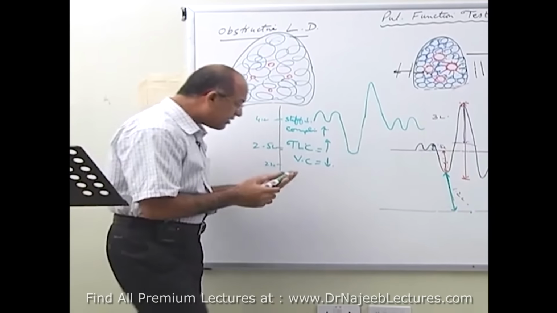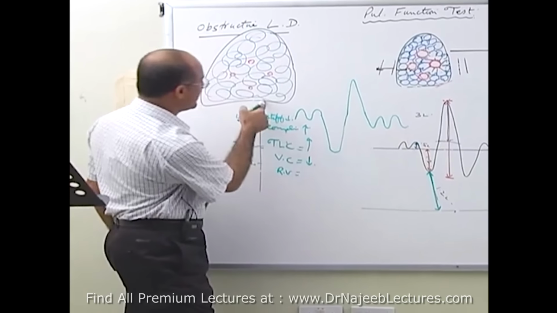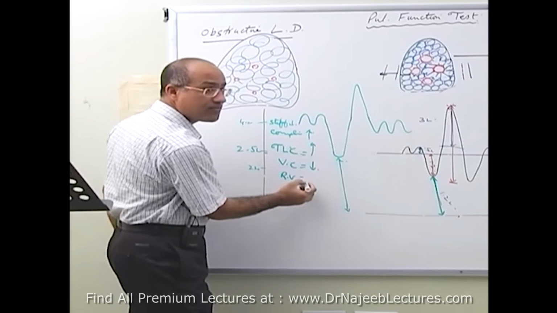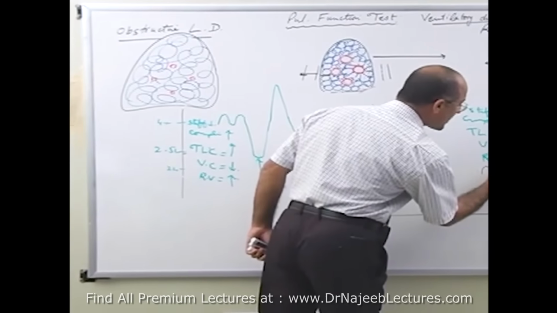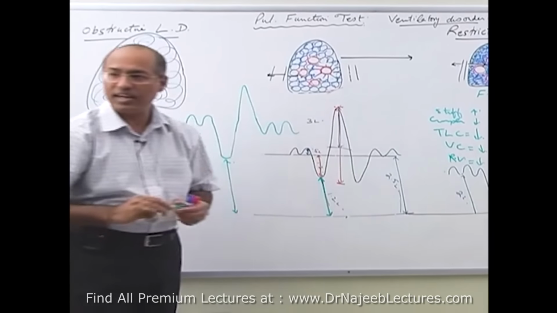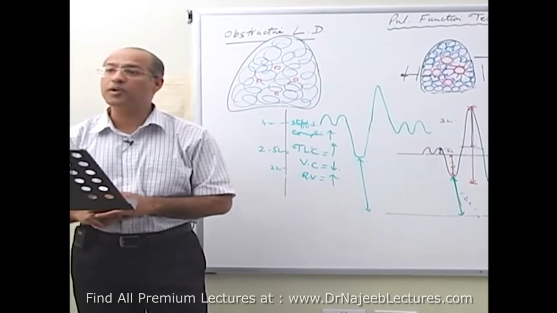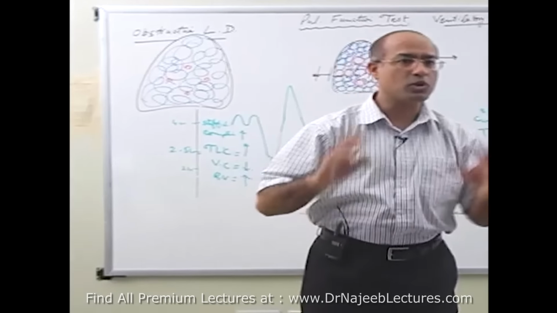Okay, now we come to the residual volume. In this case, is residual volume more than normal or less than normal? More than normal. Here residual volume will be less than normal, right? Is there any problem in understanding these things? There's no problem. Okay, let me make a test for you. You have to answer me rapidly.